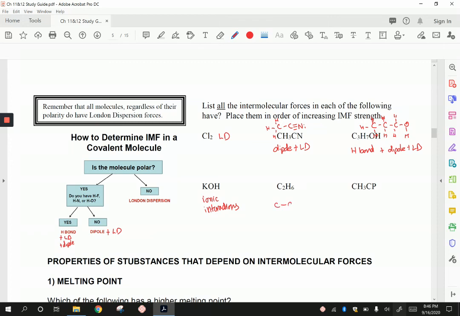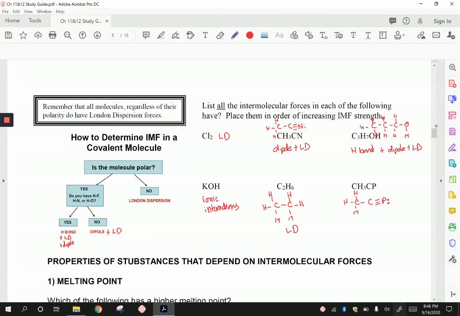Next one, C2H6, looks like this. So you ask yourself, is it ionic or covalent? It's covalent. Is it polar? No, so it just has London dispersion. CH3CP looks exactly the same as this one, except there's a phosphorus instead of a nitrogen. Let's go ahead and draw it, just so we have it.